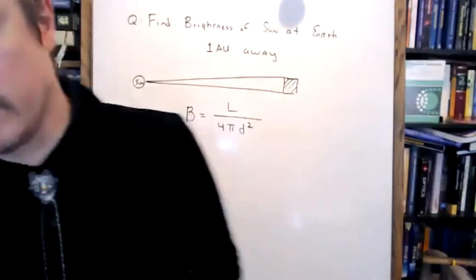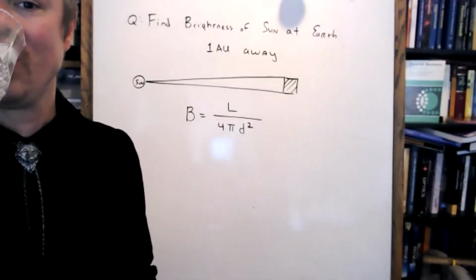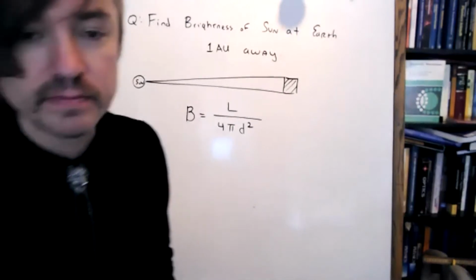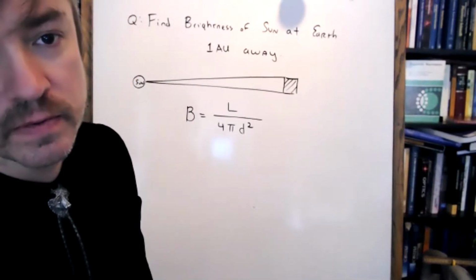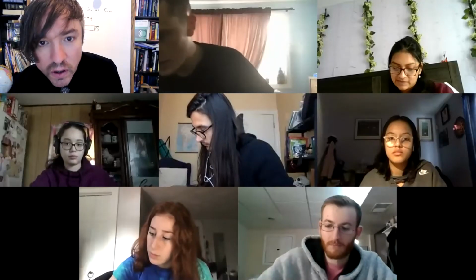Come on, you know this. Don't play with me. 1 AU? Wait, that's the L? Maybe not. The L is not 1 AU. What does L stand for? Was that Taryn? Who's talking to me? That was Kelly. Oh, sorry. Kelly, is it 100 watts, joules over seconds?